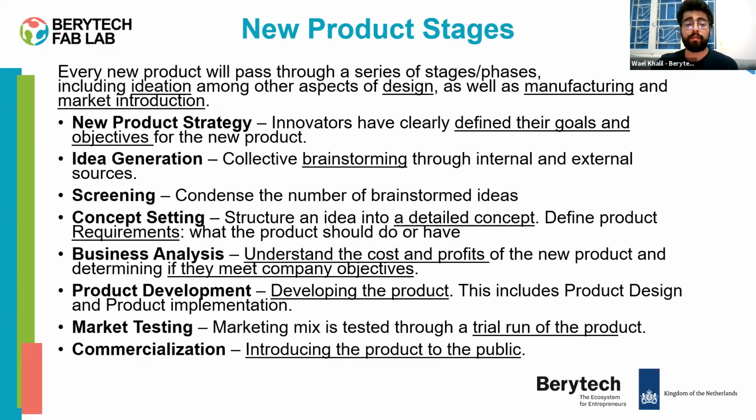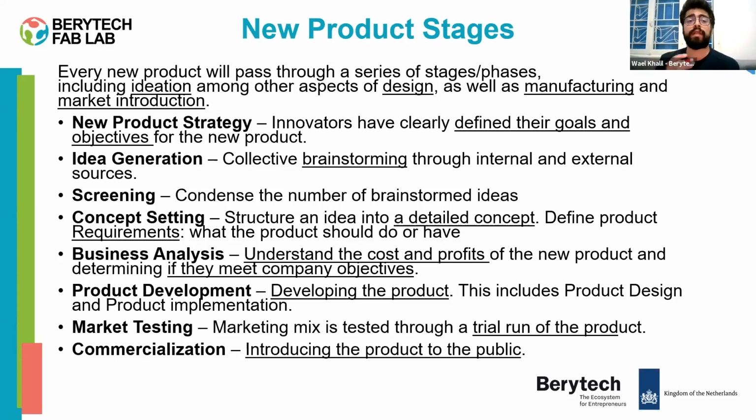The product development phase differs from product to product. Usually we start with ideation, we go into design, manufacturing, and then we introduce the product into the market. In general, most of those stages go as follows.